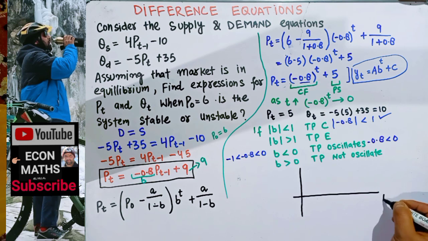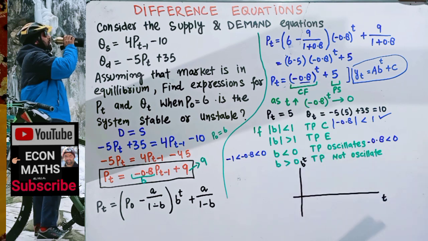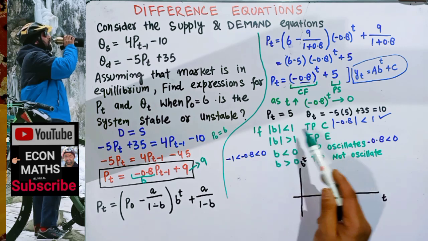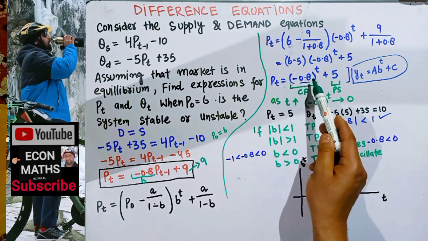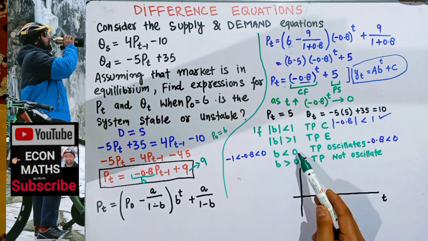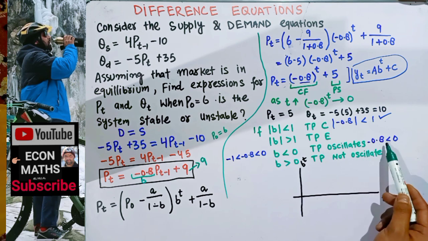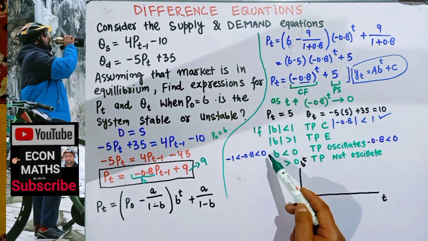So if we have t on this side and b^t on this side, first we have shown that the modulus of b is less than 1, so the time path will converge. Here b is minus 0.8, so it will converge. b is less than 0 also, so the time path will oscillate between negative 1 and 0.